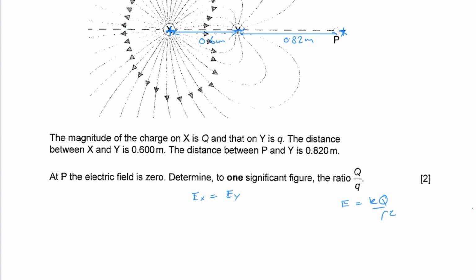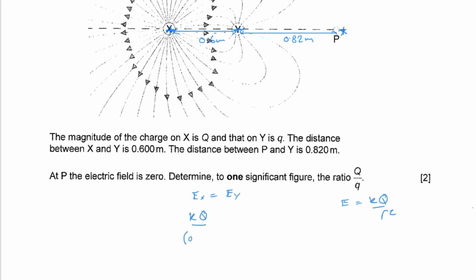So EX is equal to KQ, X is Q, over the distance from X to point P, which is 0.6 plus 0.82, all squared. And the electric field strength equation for Y is going to be K small q over 0.82 all squared.